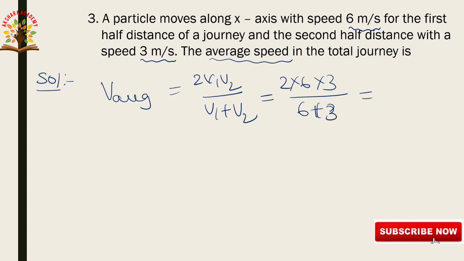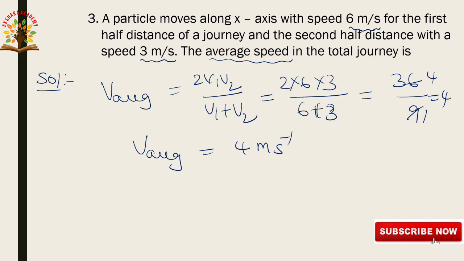That is equal to 2 sixes are 12, 12 threes are 36, by 6 plus 3 is 9. 9 fours are 36. So the average speed in the total journey, V average, is equal to 4 meters per second.